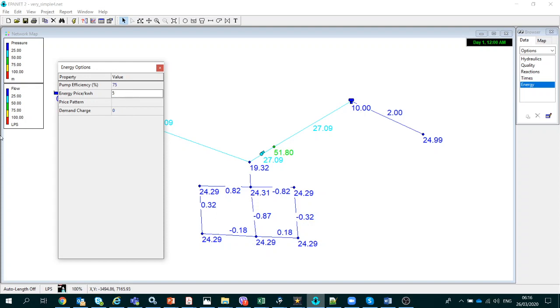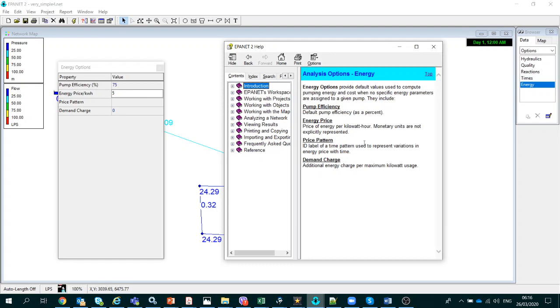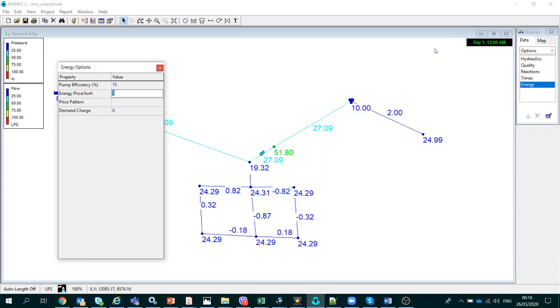You can also add a price pattern, which you can see here, that is if the energy price changes with time. In some countries that happens. In the night it's cheaper than the daytime, but well, let's not go there for the moment.